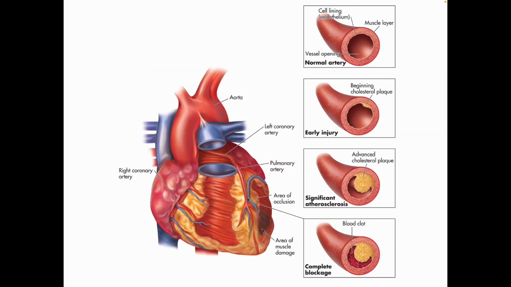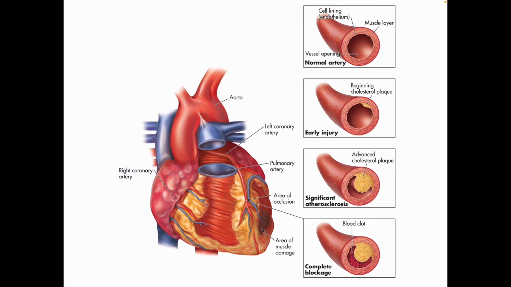So depending on which artery is involved with atherosclerosis, there can be different effects in the body. We can see in the top picture there, the artery is normal. It has a normal sized lumen. We then have a small plaque developing in the next picture down.